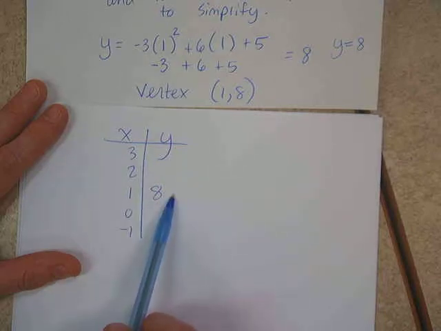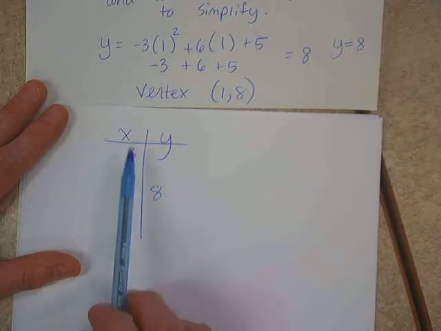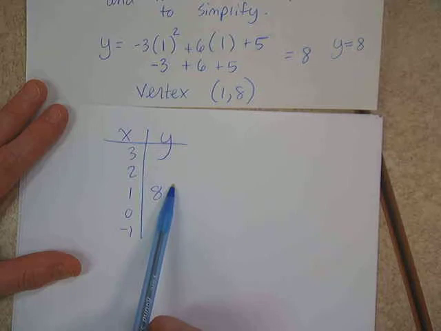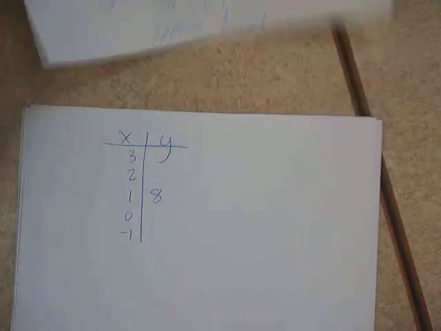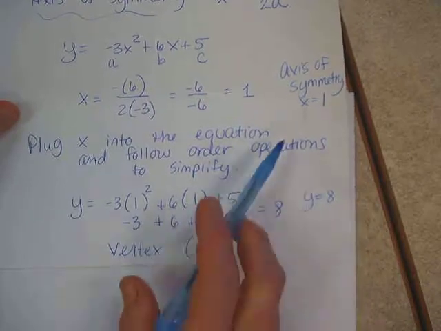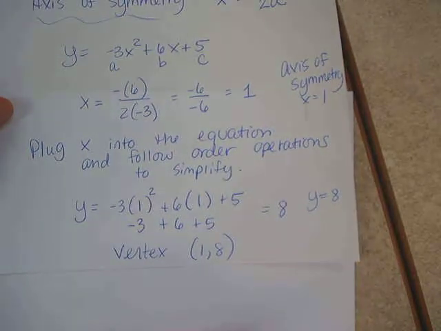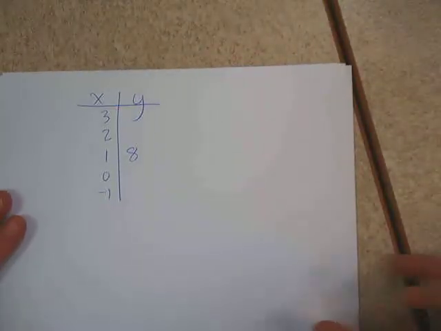And I couldn't mirror one point to the other, okay? Because I wouldn't know what the vertex was until I actually graphed them. So this saves you time. So once I calculate the vertex, I'm only going to have to calculate 2 other y values, and the others should be the same, okay? But we're going to focus mainly on just finding the axis of symmetry in the vertex today, all right?